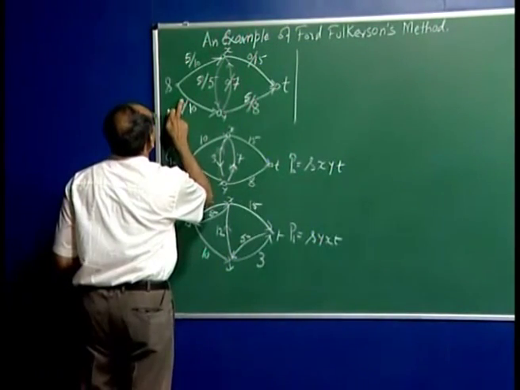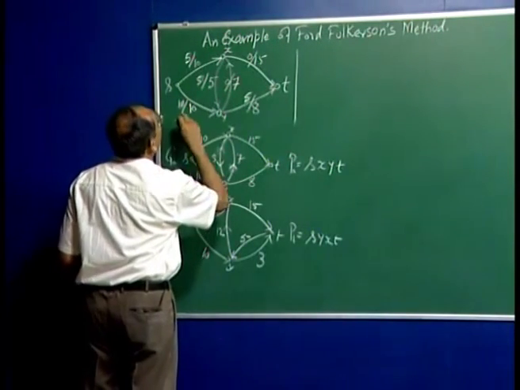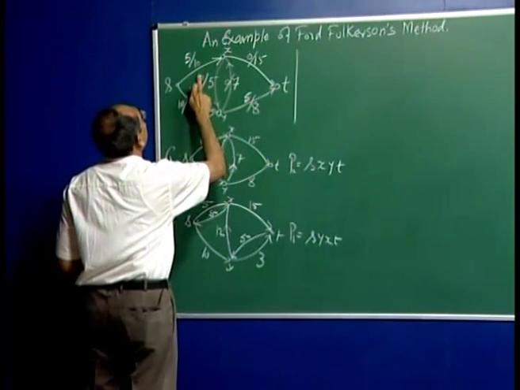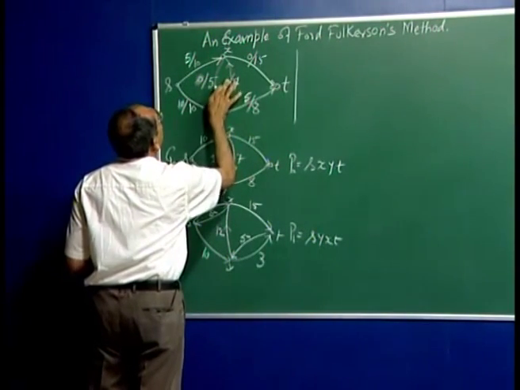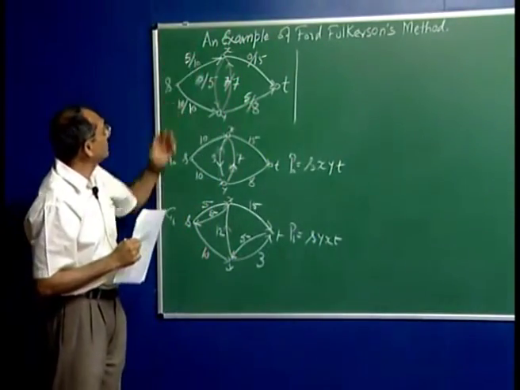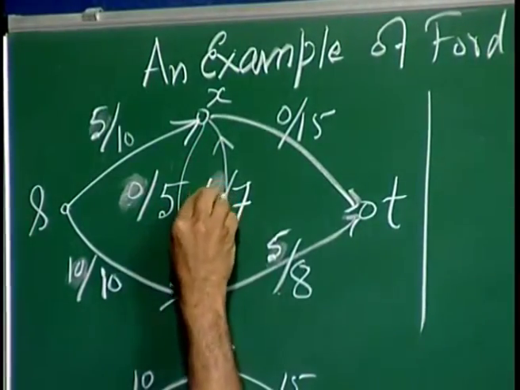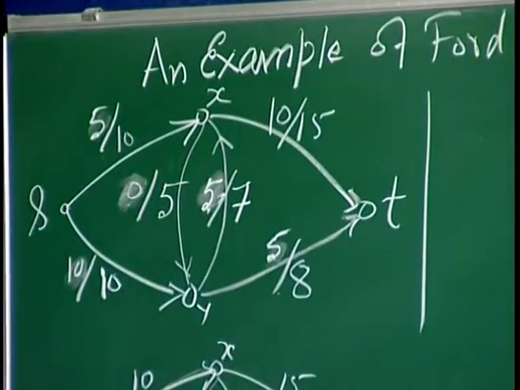So this flow will be 10, we will augment 10, so this will be 0 and this will be 7. A total net movement is 5, will be 5 here, and this will be 10 units.